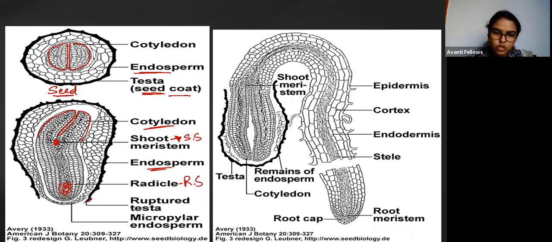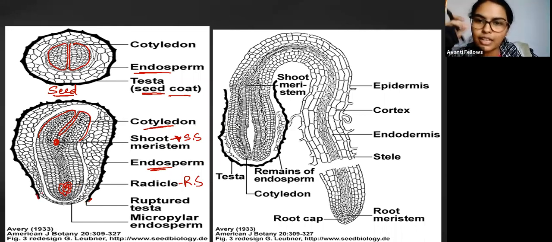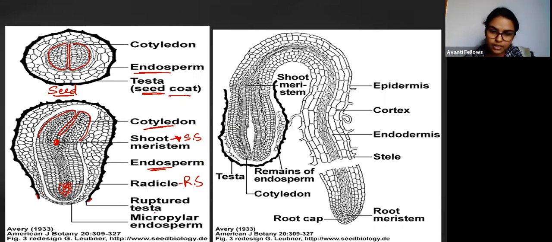So this is the ruptured testa. मतलब देखो बेटा, कभी भी germination होता है ना, you have seen the sprouts. जो green coat होता है sprout होने के time पे, that green coat will break open and a white thing will come out, right? That white thing is nothing but the cotyledons. So those cotyledons are coming out of the seed by rupturing the seed coat, that is testa. So this is the growing region. यहाँ से grow हो रहा है.